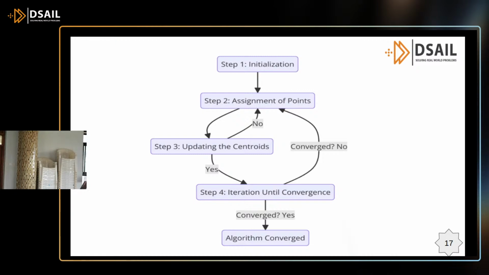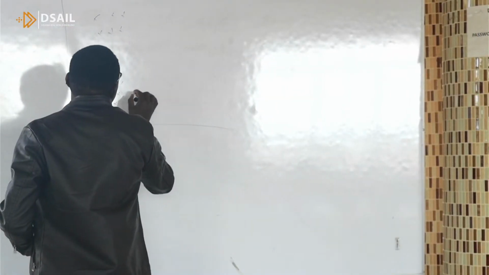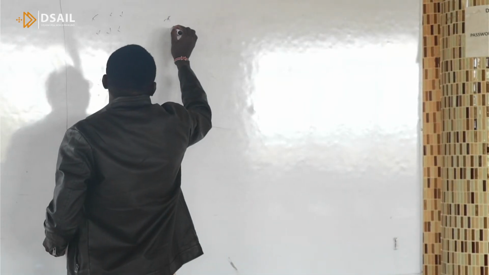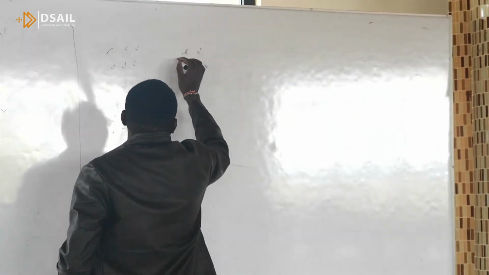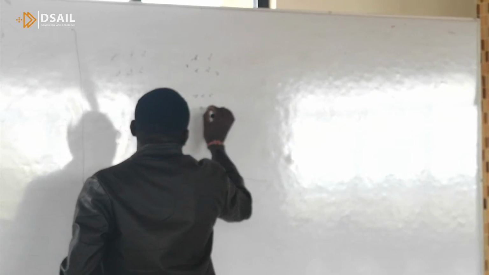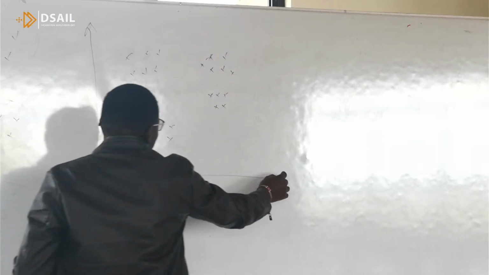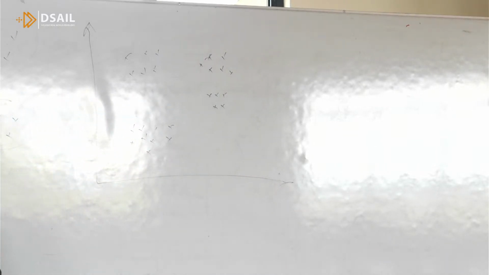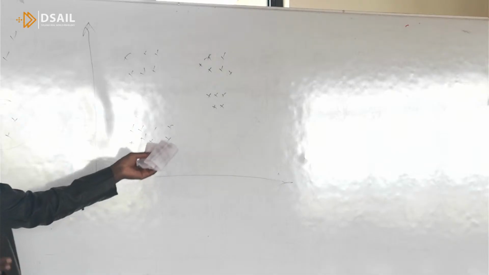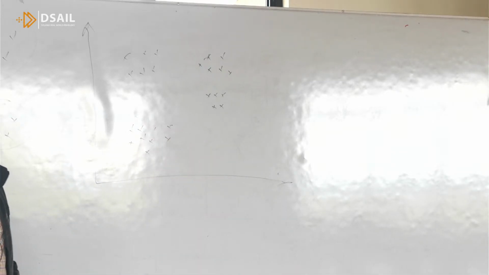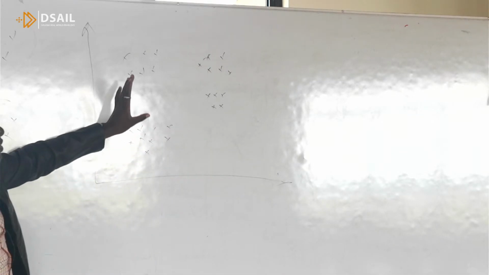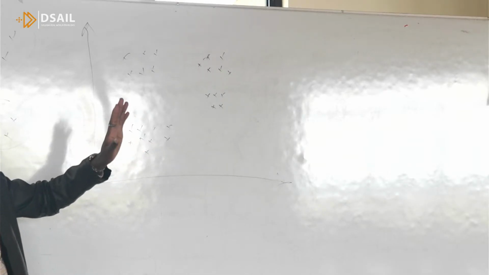Assuming you have, I'll just draw another one, and let's say you have your data points. You have your data, and then you try to display your data on a 2D space, and then you want to adopt k-means clustering on this.